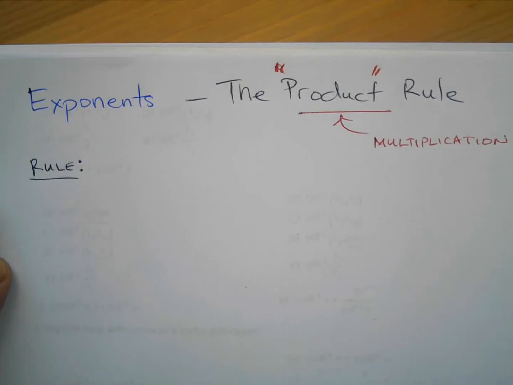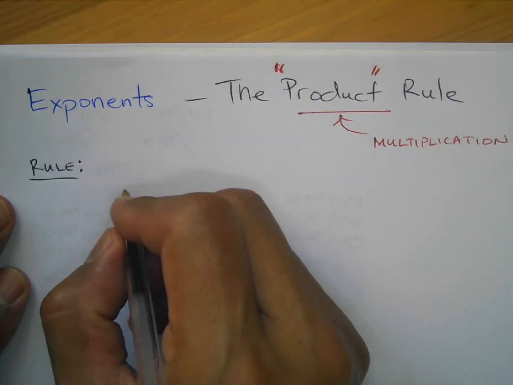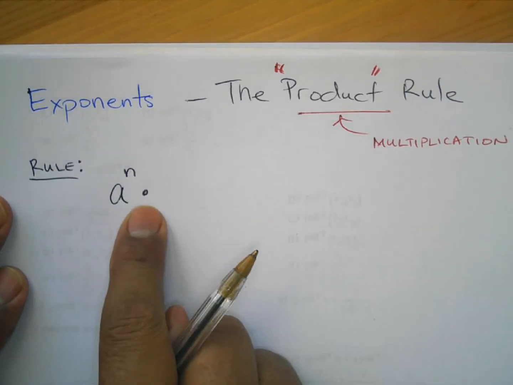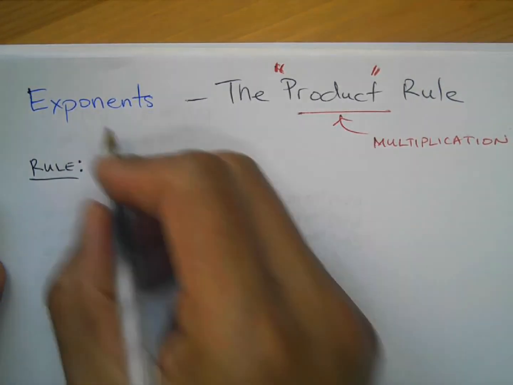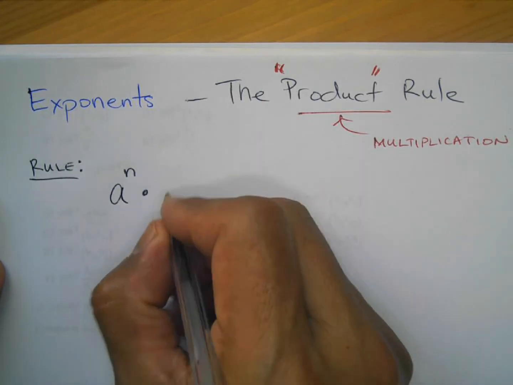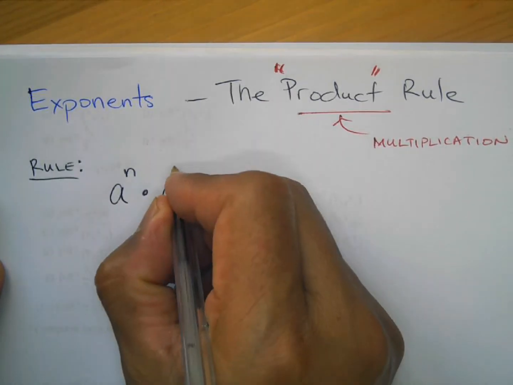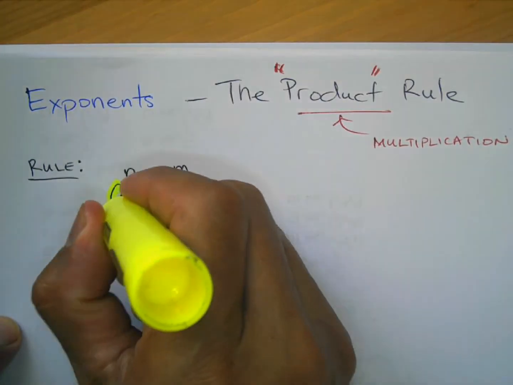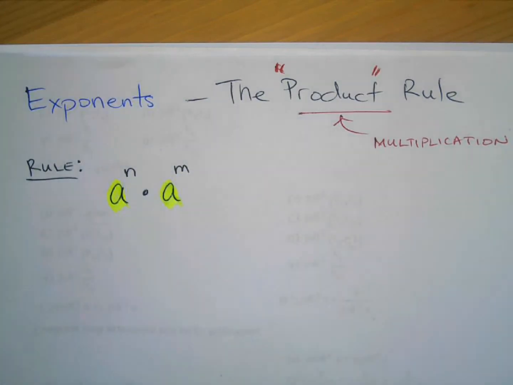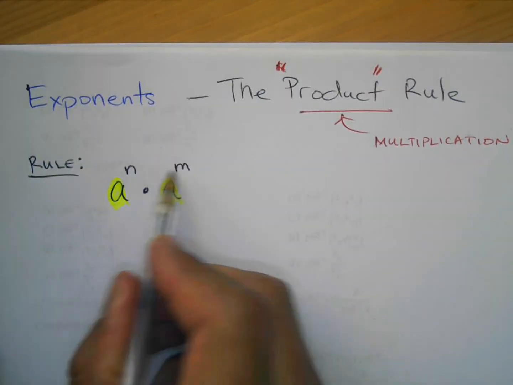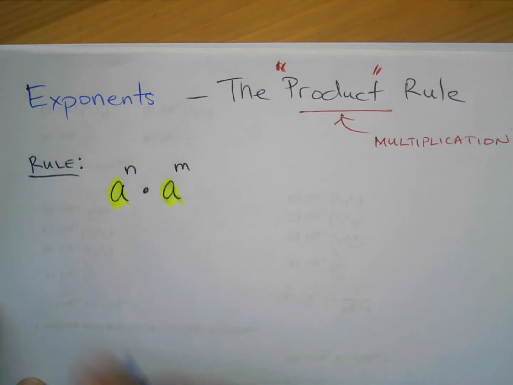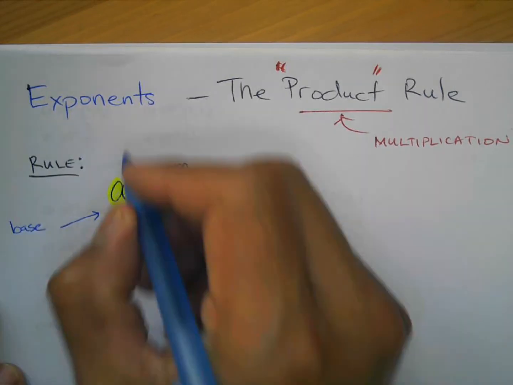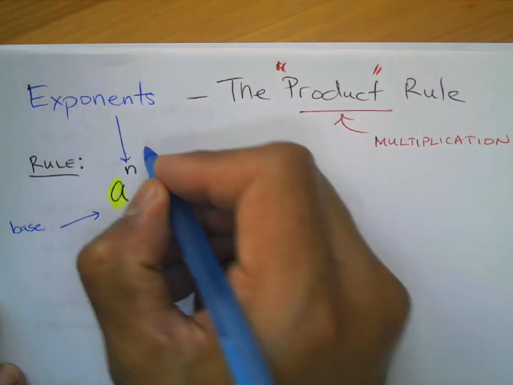But the product rule, which is multiplication, if I have a to the power of n times, because you can use a dot for multiplication, you can also use parentheses, if the base is the same, what do you do to the exponents? This is a base. The base is the same. This is the exponent.